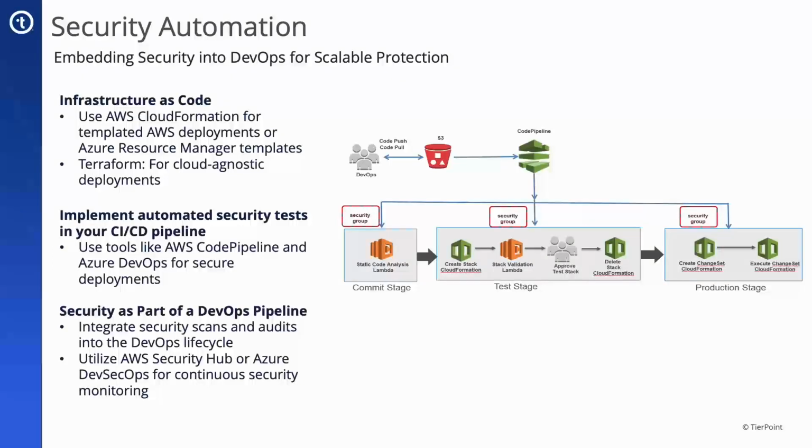It's important also to establish feedback mechanisms between security and DevOps teams to continuously improve security postures. By integrating these practices into DevOps processes, organizations can ensure that security is not a bottleneck, but an enabler of faster and safer software delivery in public cloud environments.